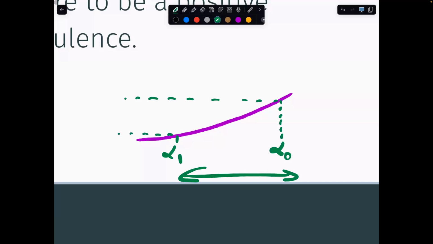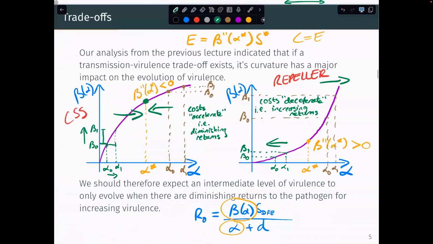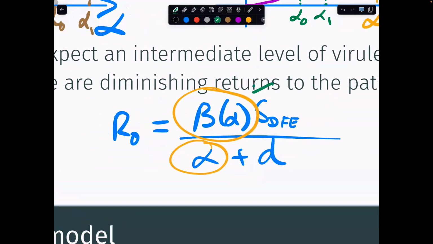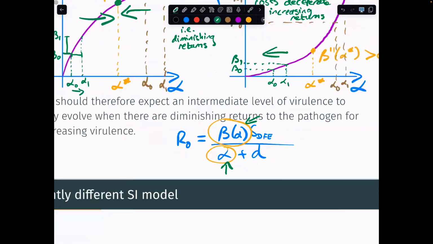But my change in transmission might be quite small. So if I go back to my R naught, which I had down here, I might reduce this a little bit, but I might reduce this a lot by reducing alpha. In other words, I make my denominator smaller, even though I've made my numerator a bit smaller, making my denominator a lot smaller is going to make R naught bigger. Does that help? Yeah, I think I understand.